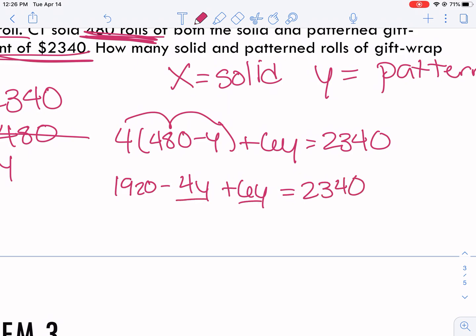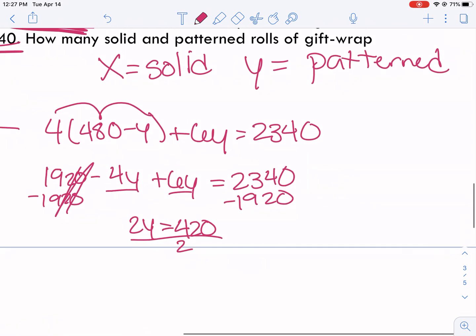So if I combine like terms, that's 2y, and I'm going to subtract this number as well. So 2y equals 420. Divide by 2. y equals 210.